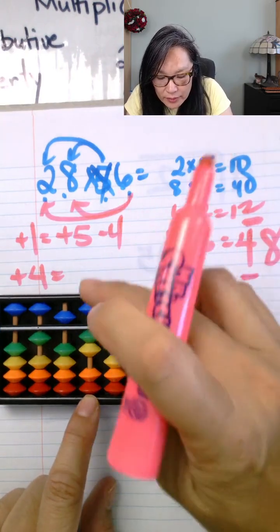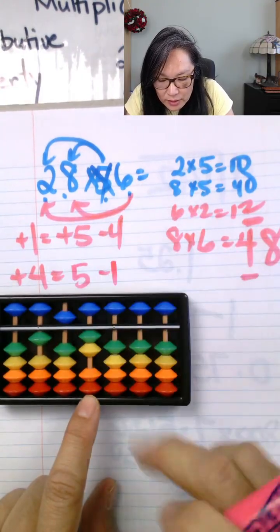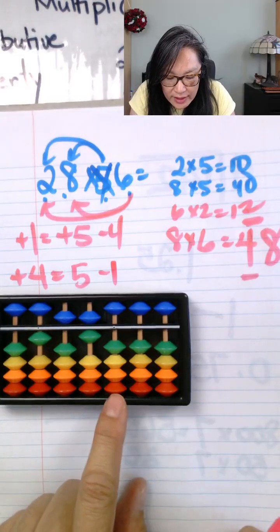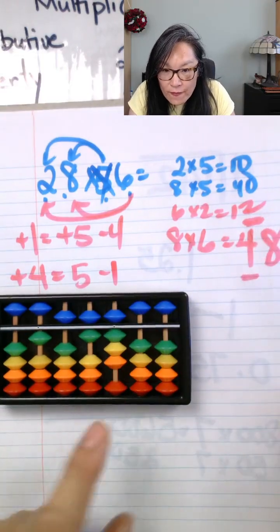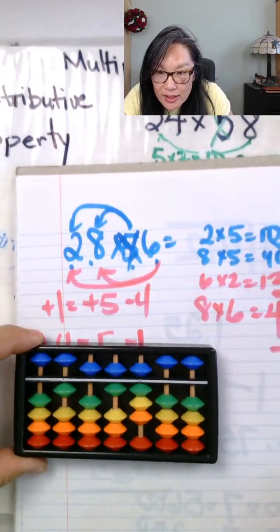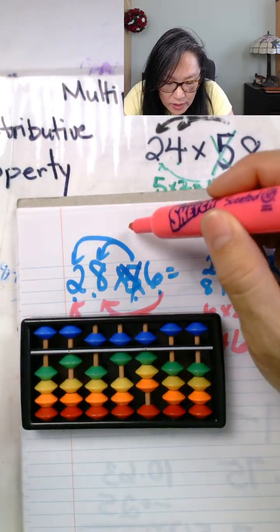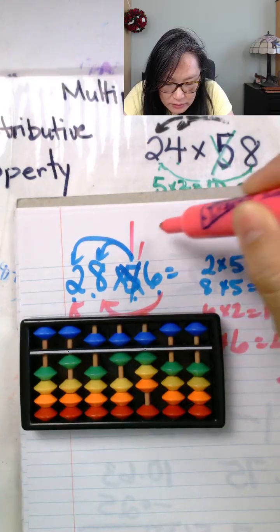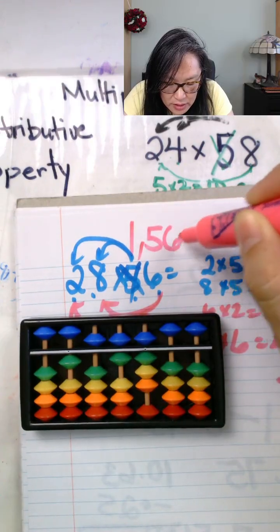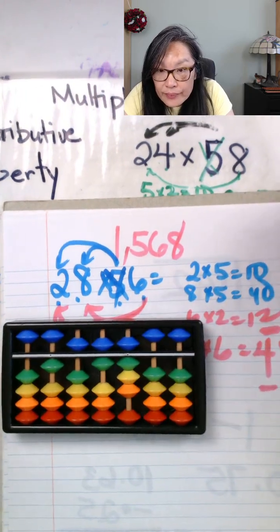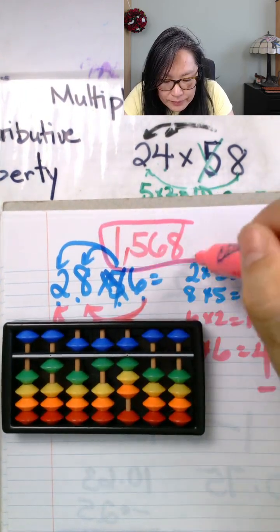Oh, thank you, Mr. Clean. Plus the 5 minus the 1. And then, don't forget to add the 8. So our final answer is, thank you, CompuBear, 1,568. That's it.